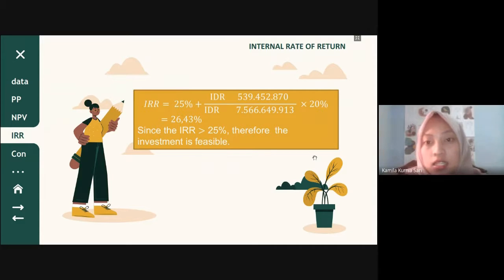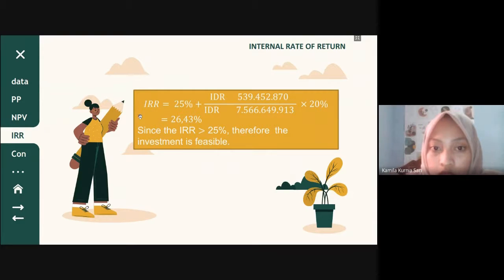Next we calculate the IRR. IRR is equal to 25%, the required profit given in the problem, plus the difference of PV with the initial investment. This value of difference is divided by the difference of present value for the two required profits, times 20%, which is the difference of these two required profits.